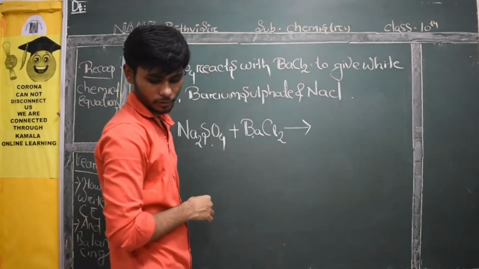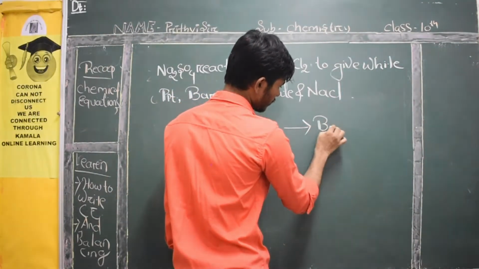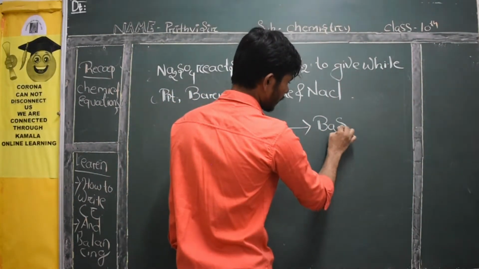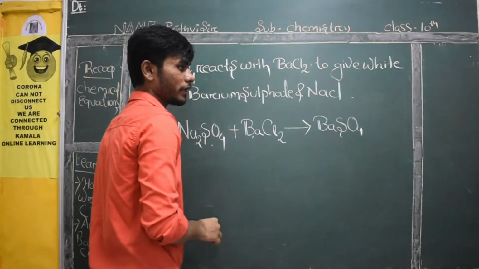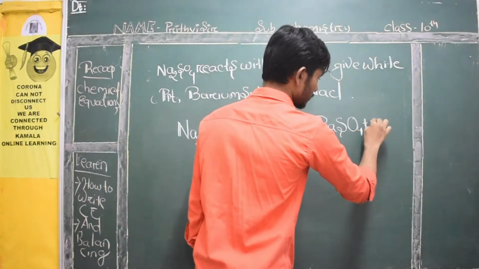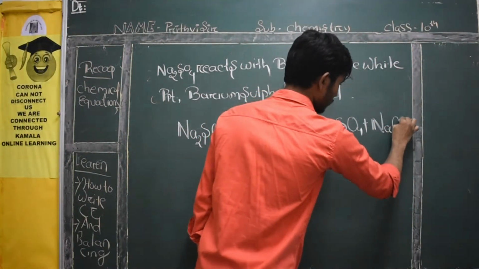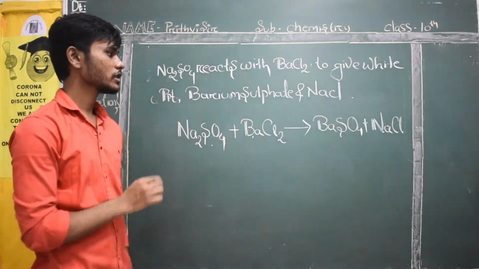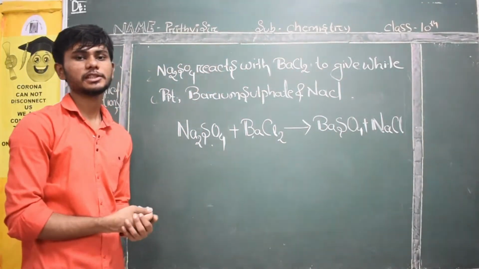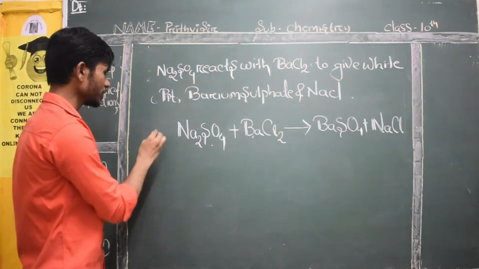So let us write barium sulfate, that is BaSO4, plus NaCl with a small l. So this is our formula in which we have represented symbols and formulas. This is our chemical equation.